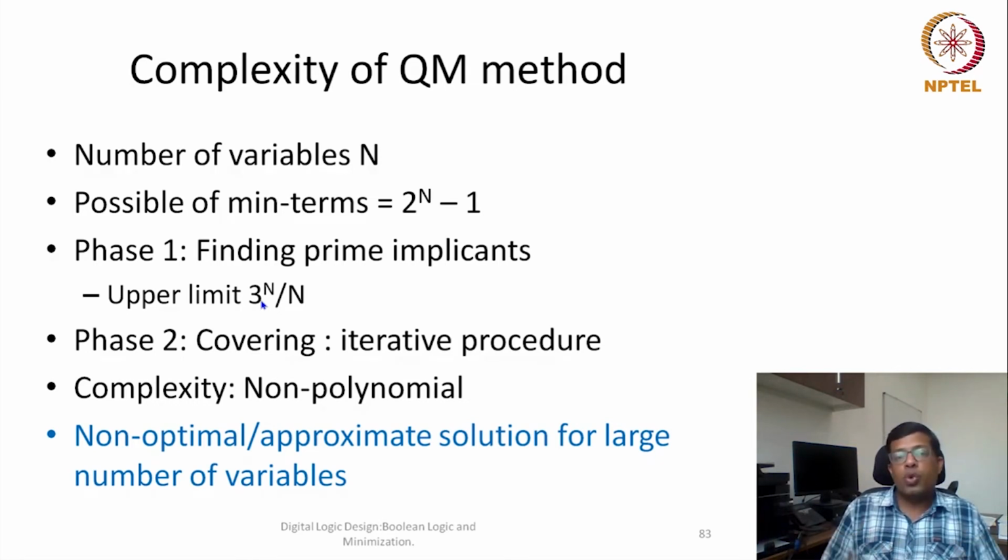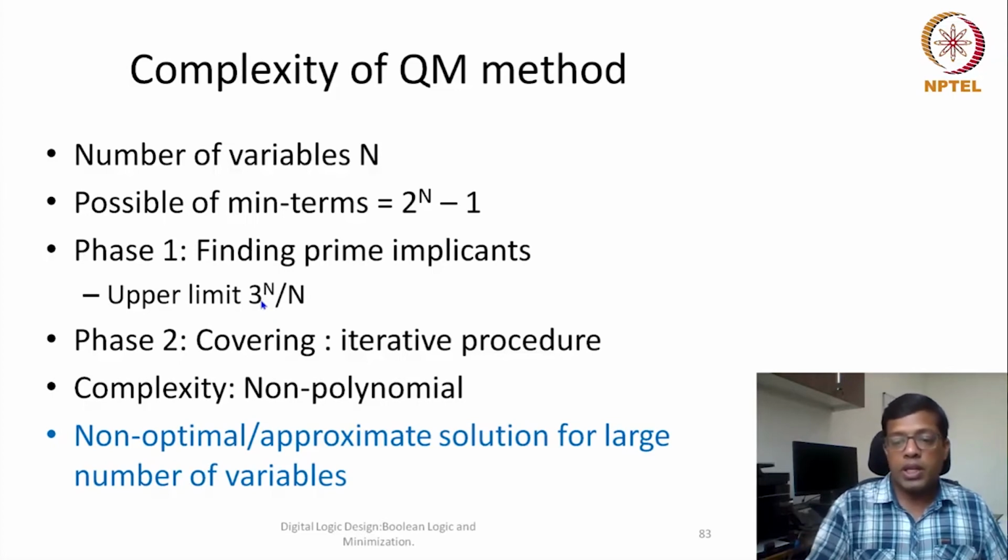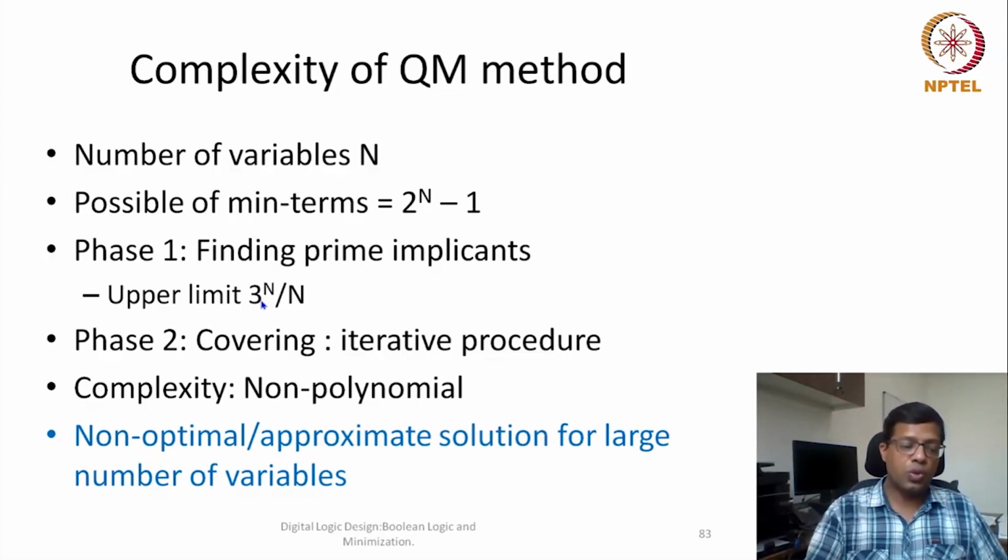We say that non-optimal solutions are also okay if the number of variables is very large, because the optimal solution is exponential, non-polynomial in nature, and these NP-type problems take so much time. That's why we have to resort to some kind of approximate solution. And how do we calculate this approximate solution?